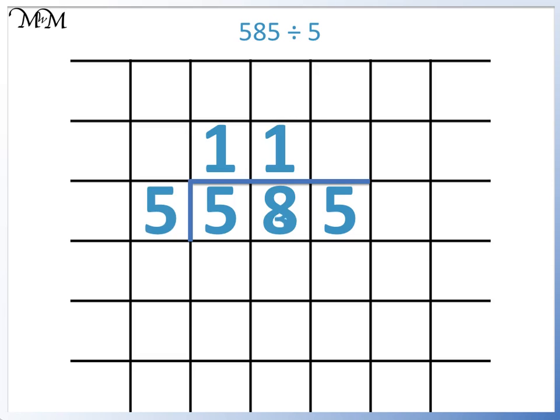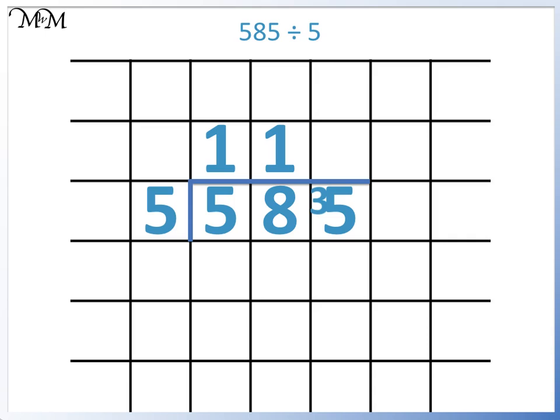But we have 3 left over, because 1 times 5 equals 5, and we need an extra 3 to make 8. There is a difference of 3, and in division we call this a remainder. So what we do is we take the remainder of 3 and put it in front of the next digit along, which in this case is 5.